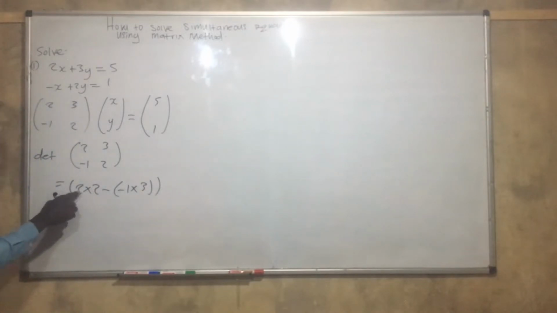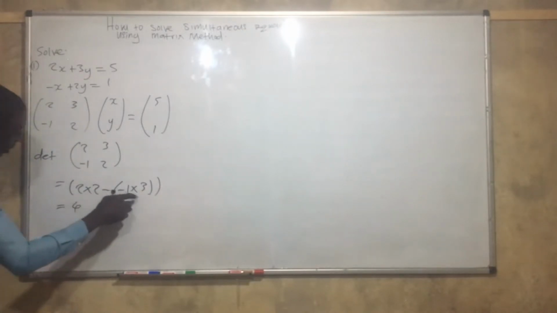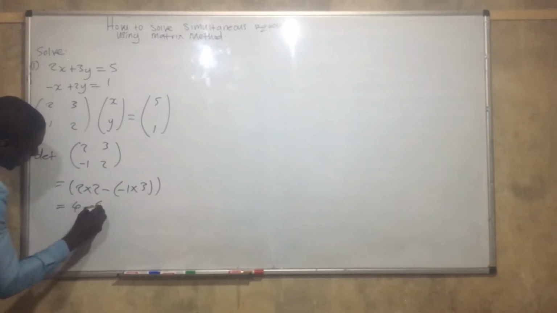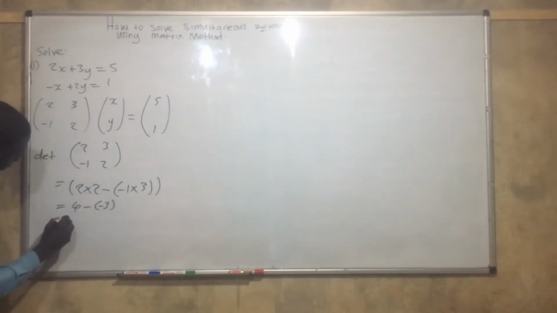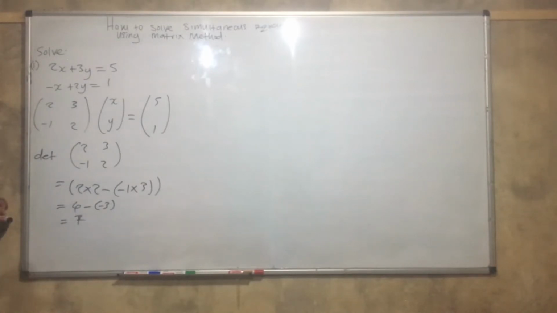This is 4 minus negative 3, which gives us positive 7. So we have found the determinant.